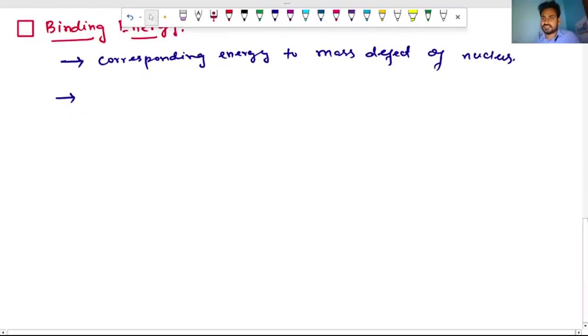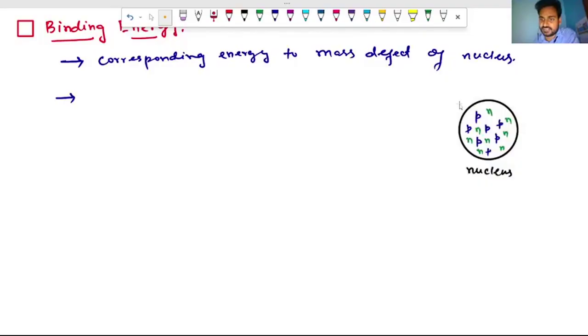Suppose this is the nucleus. Now you want to split it into its constituent nucleons. How many protons are there? 1, 2. How will we break it?